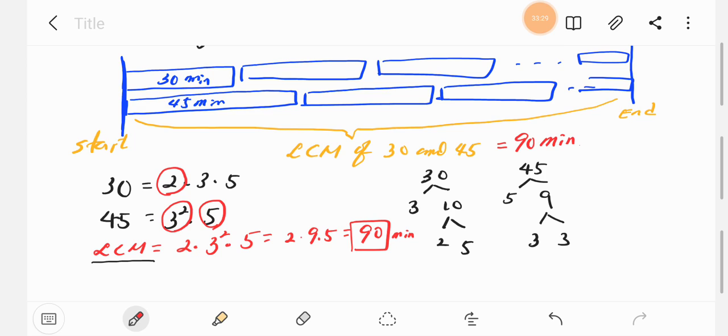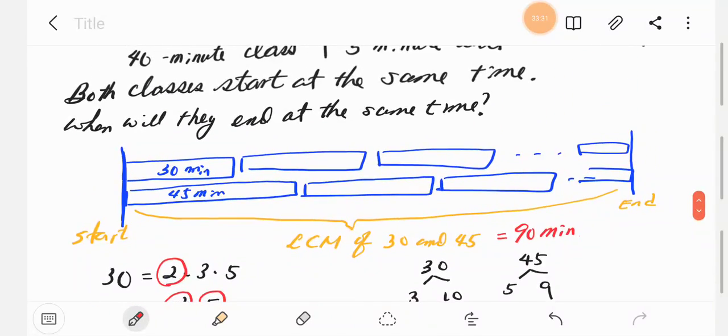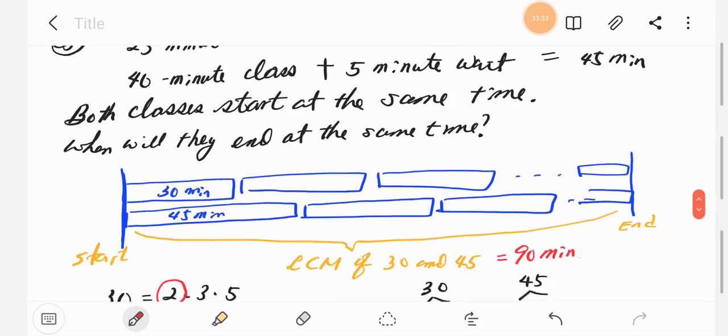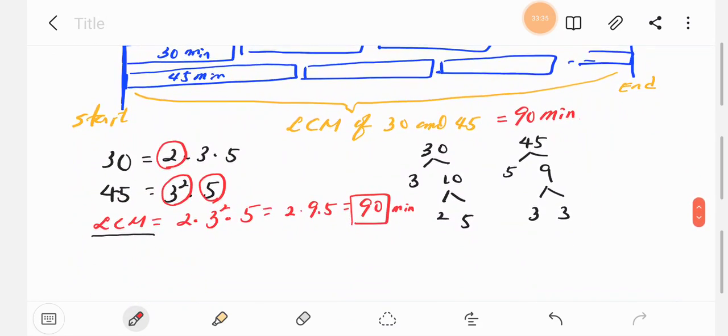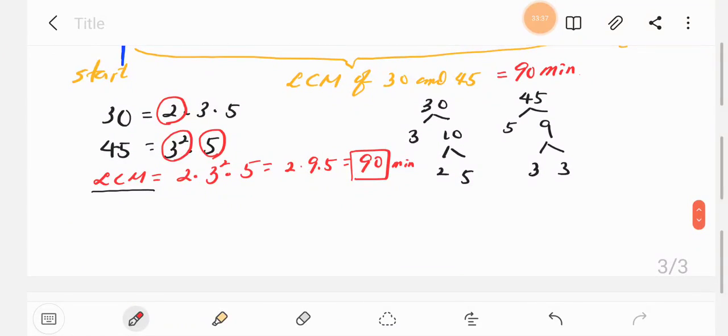Then how many 25-minute classes are there? The 25-minute class actually takes 30 minutes, right? So why don't we divide 90 by 30?